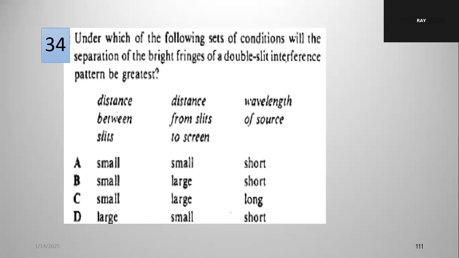Under which of the following sets of conditions will the separation of the bright fringes of the double slit interference pattern be greatest? Just use the formula only.